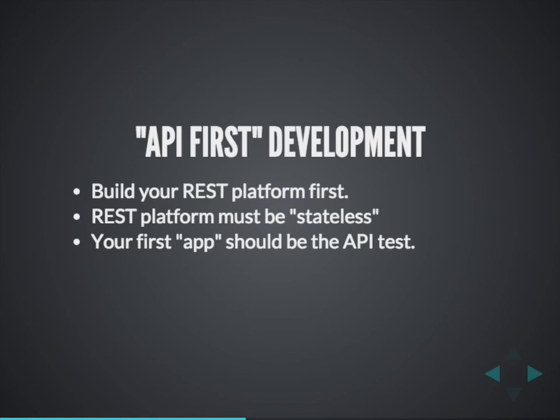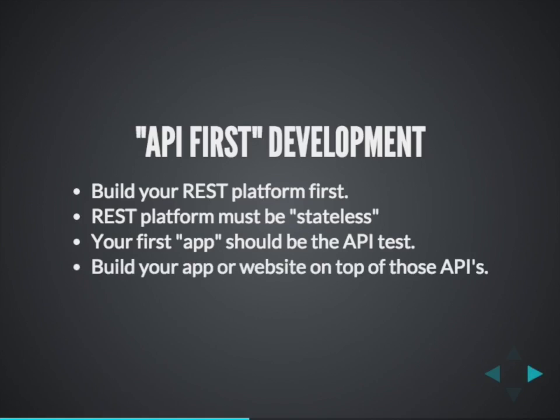But one thing to take note of, once it becomes a REST API, it becomes a black box that can be tested by anything. So you could write your tests, and my personal favorite is Mocha. You could write Mocha tests to test an API platform that was written in PHP, and it works great. That's one thing that I encourage everyone to do, is to write tests around your API.